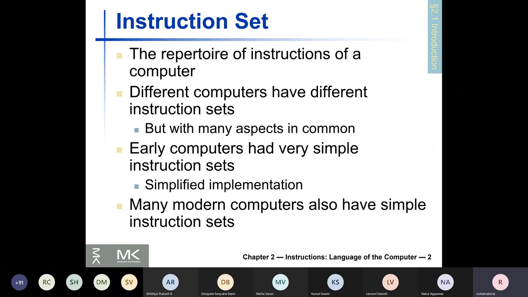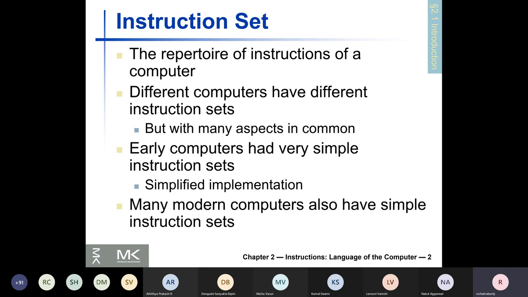There are much more complicated instruction sets available. However, the instruction set that we are going to study in this course is complete in a sense that you can implement anything you want using it. Of course, you have to probably write more code and work hard, but it is possible. Many modern computers also have simple instruction sets like this MIPS 32 that we are going to study.